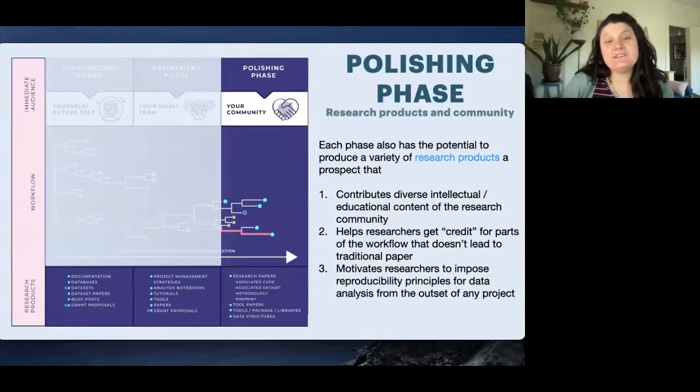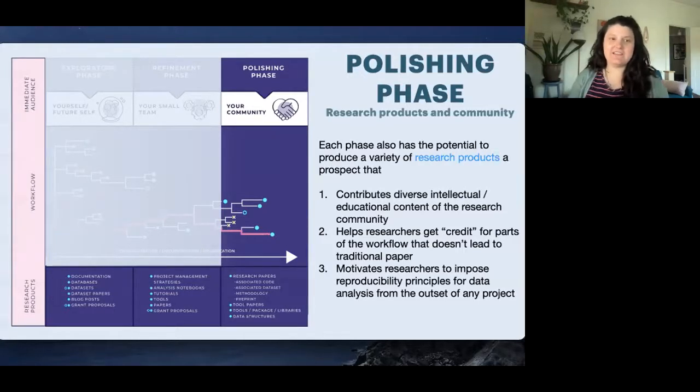And it contributes intellectual or educational content to the research community. So it doesn't have to be a paper. It could be just documentation in general. It could be your project management or data management plan, sharing those. It could be a software tool. It could be a grant proposal.